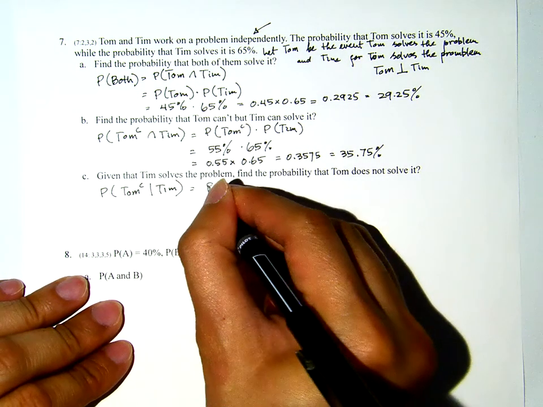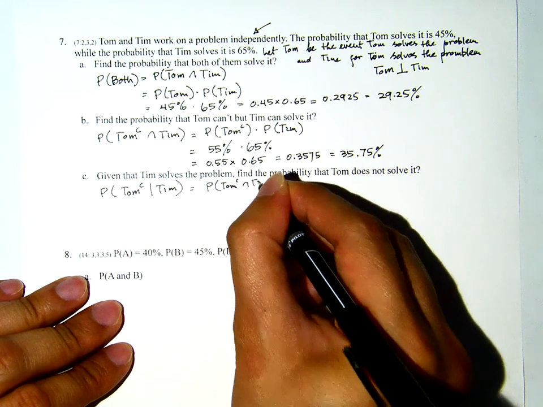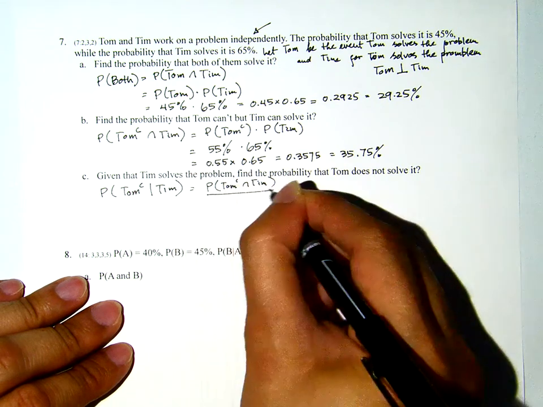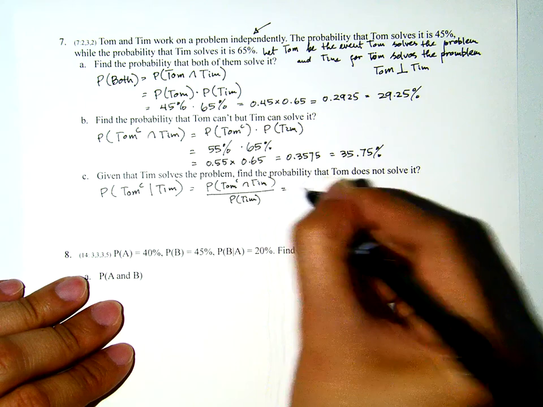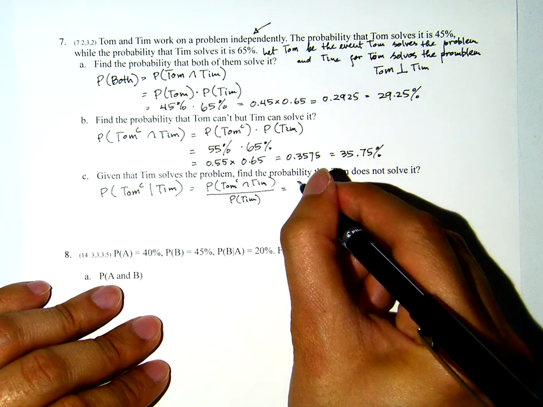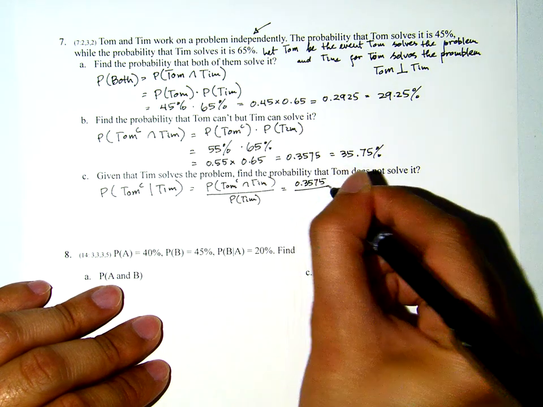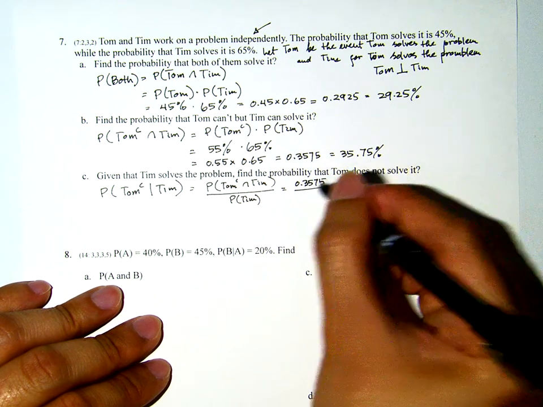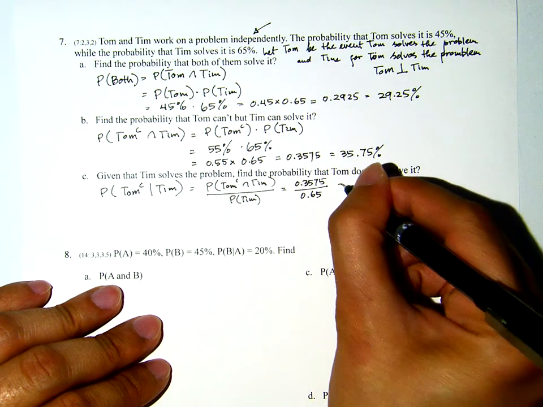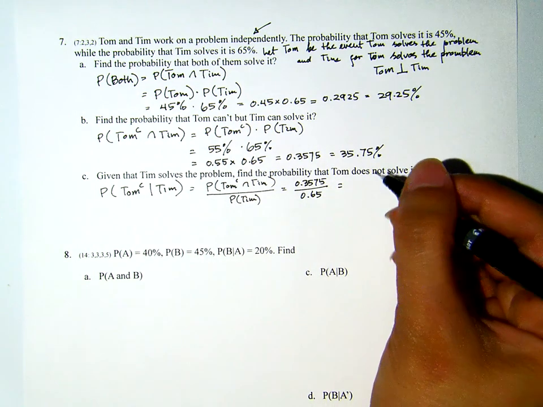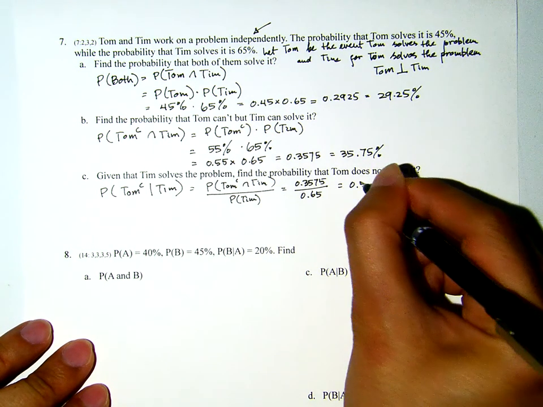This equals the probability that Tom cannot and Tim can over the probability of Tim solving the problem, right? From part B, we get 0.3575 over the probability that Tim solves it, which is 0.65. I changed to decimal right away. If you compute this, I hope you are not surprised, this is 55%.